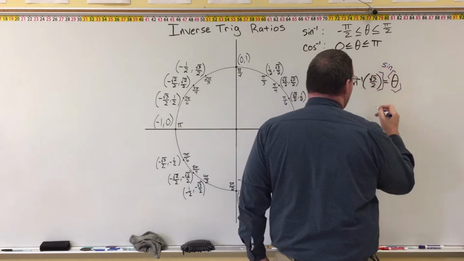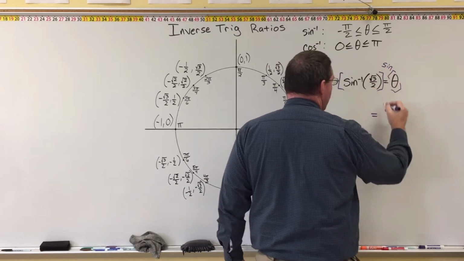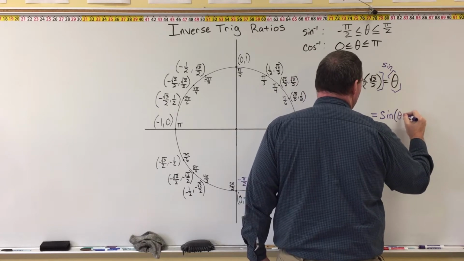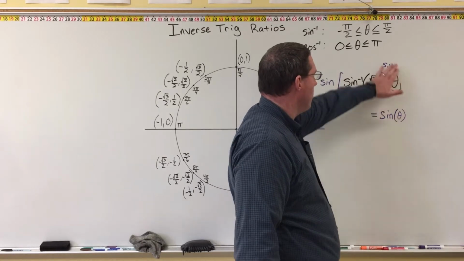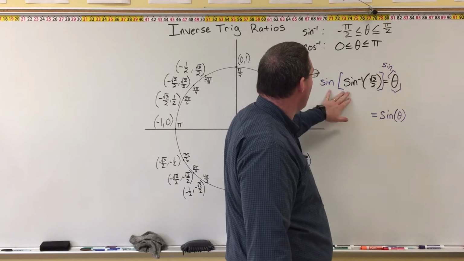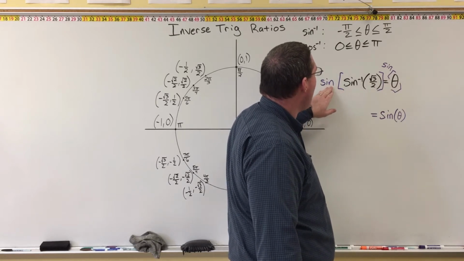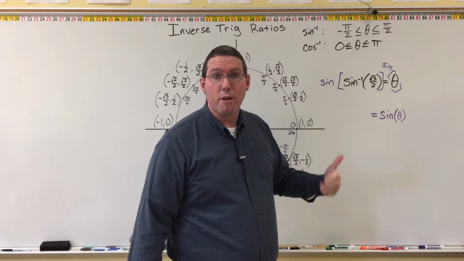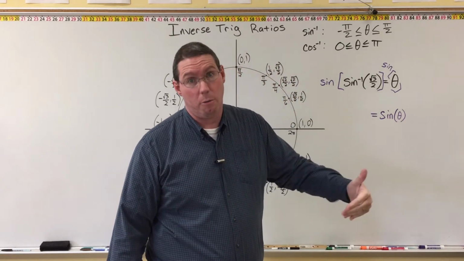Now, over on the other side of the equation, that's very easy. It just gives us sine of theta. Well, what's going to happen over here? When we do sine of sine inverse, remember what inverses do to each other: they cancel each other out.